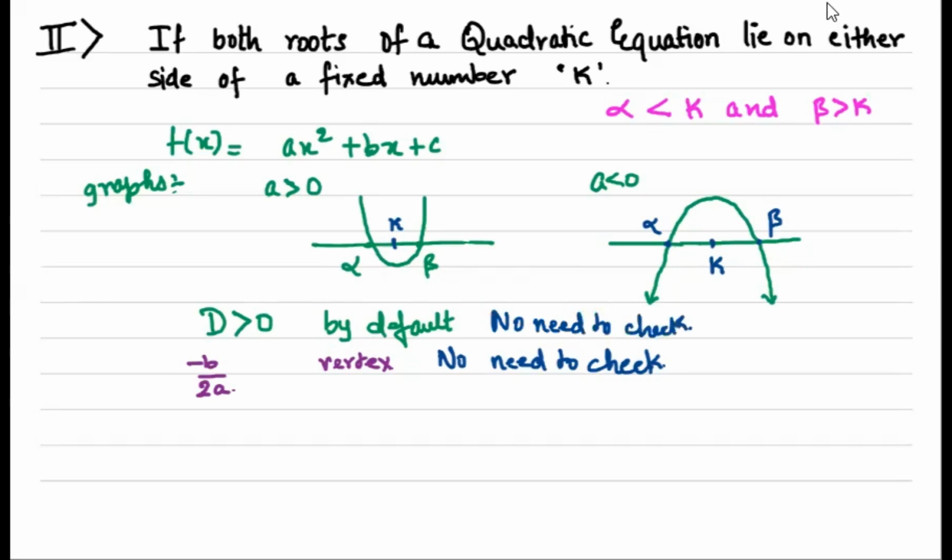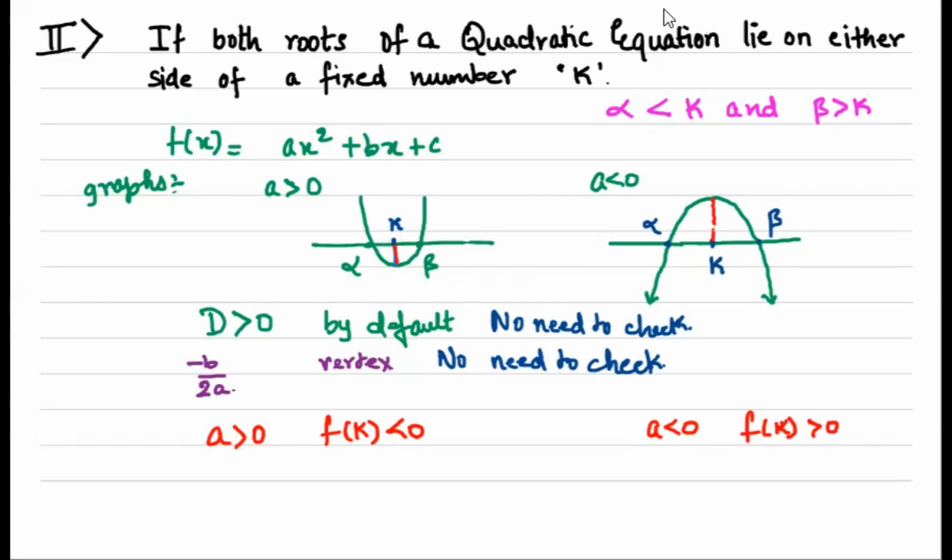Okay. Now, the third condition, which is very, very important, is the values at k. f of k, when a is greater than 0, then f of k is less than 0. And when a is less than 0, f of k is greater than 0, isn't it?